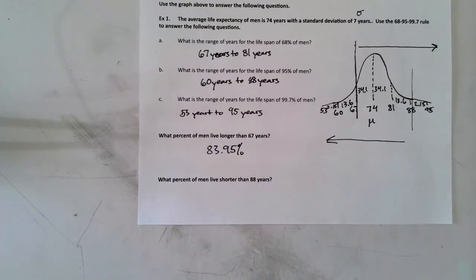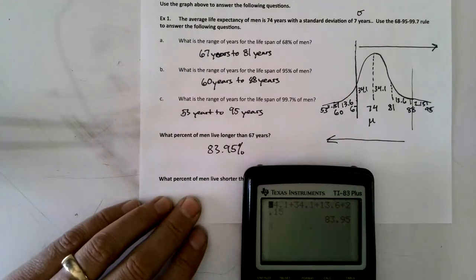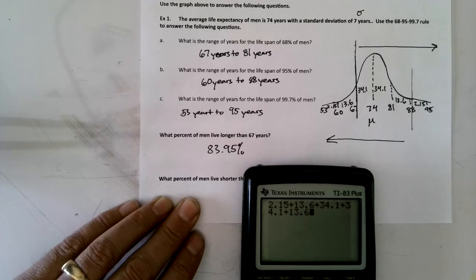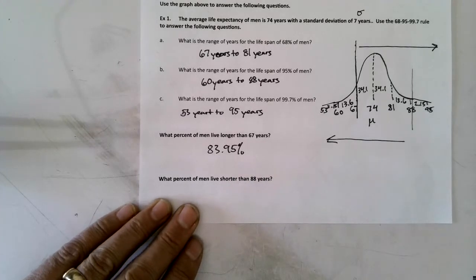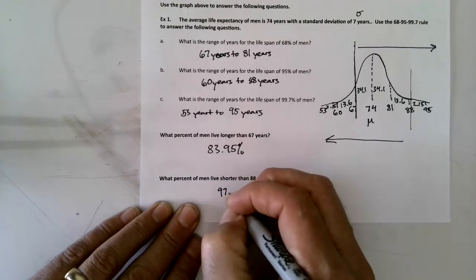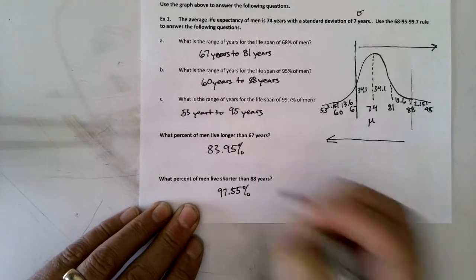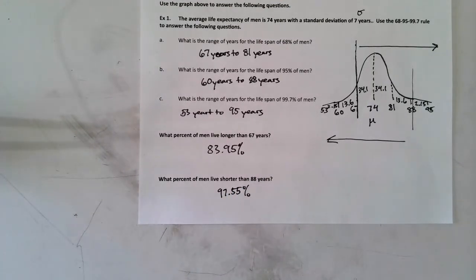So I'm going to add all those up. 2.15 plus 13.6 plus 34.1 plus 34.1 plus 13.6, and I get to 97.55. 97.55% of men live shorter than 88 years.